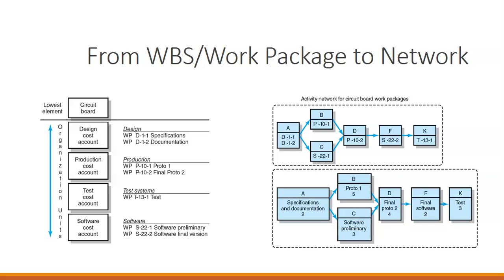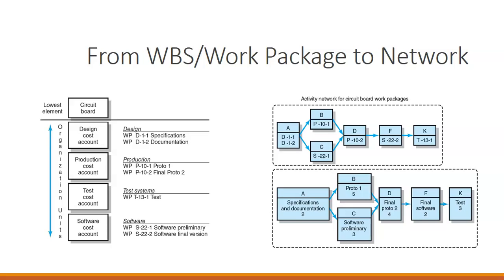It tells us how long each one of those takes. So it could mean 2 weeks to complete that. Once we have design and specifications, we can create the first prototype and we would have preliminary software. Then we move into a final prototype, final software, and finally the test.